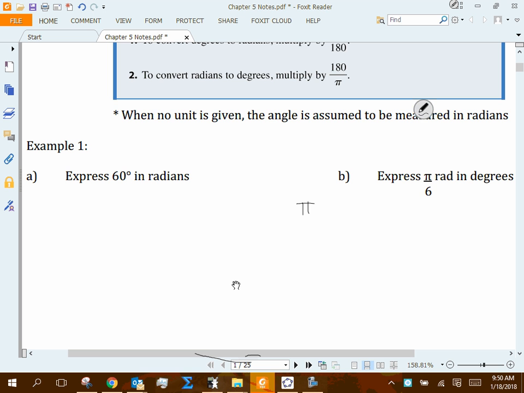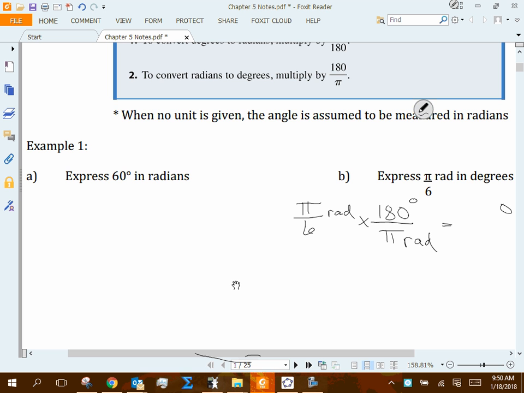So pi over 6 radians. I want to get to degrees. Okay. So the unit of radians needs to cancel out, right? So I need radians down here on the bottom, and I need degrees to show up on top. So in this case, I'm going to use the reciprocal of the factor that we're using in part A. I'll put 180 on top, and then pi on the bottom.